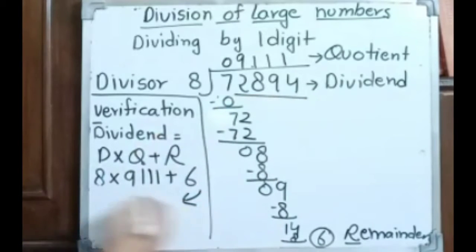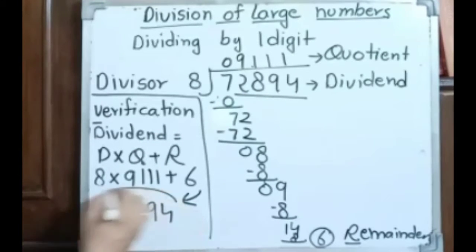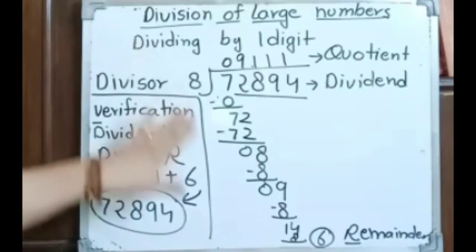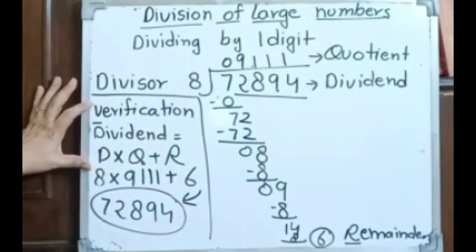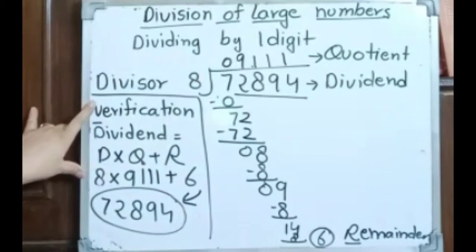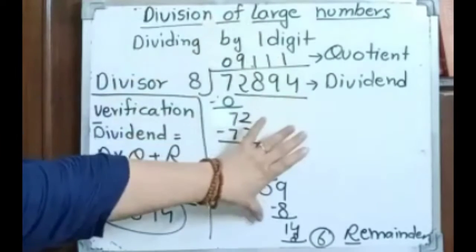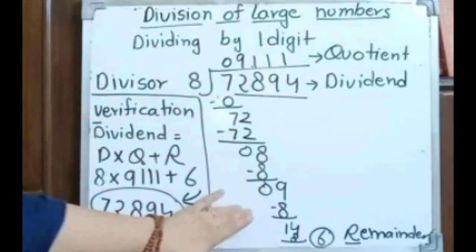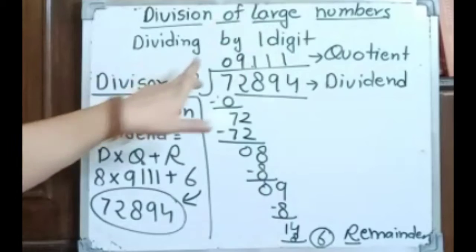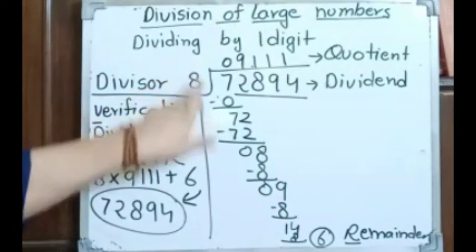You do it and then you will get the answer 72894. This is called verification. You all have done it in your earlier classes. So when the question demands verification, only then you do verification. Otherwise, this is full calculation and you go through that. But by this you come to know whether your division sum is right or wrong.